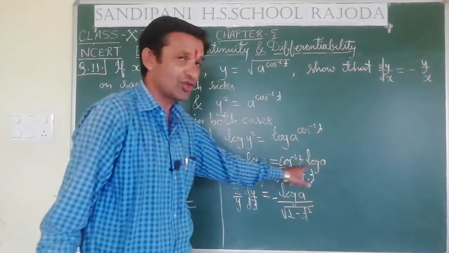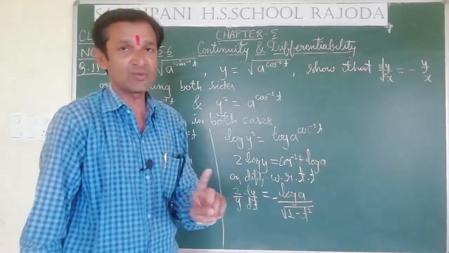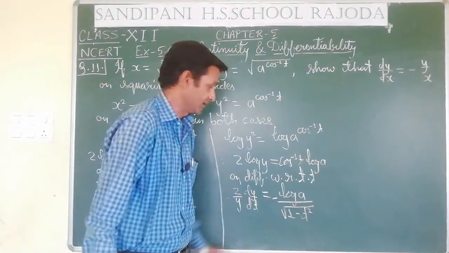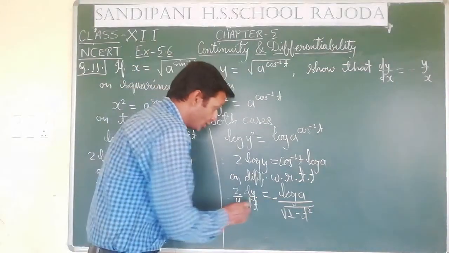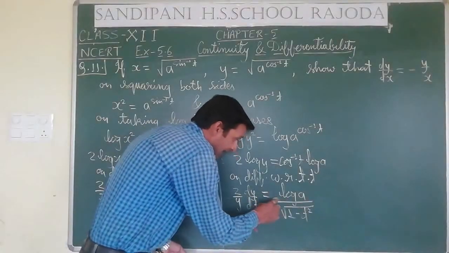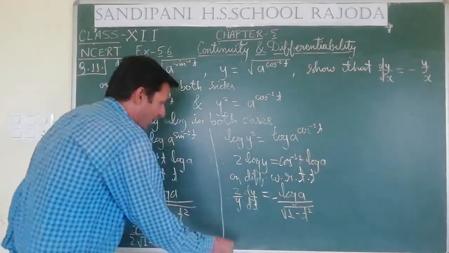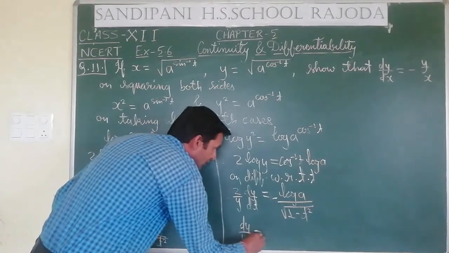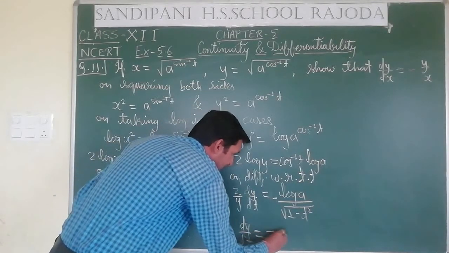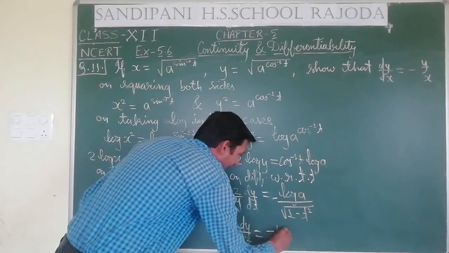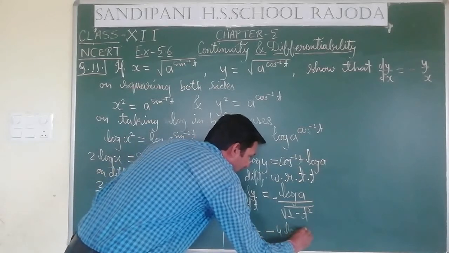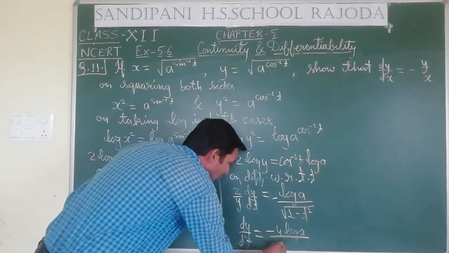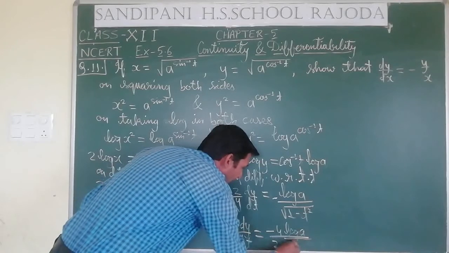Because differentiation of cos inverse t is minus 1 upon root 1 minus t square. This you should remember. Don't neglect this minus sign. So now we may write dy by dt equal to minus y log a upon 2 root 1 minus t square.